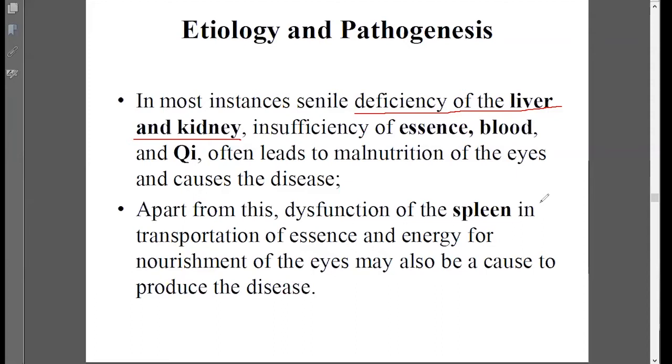And kidney essence supports the eyes to keep normal vision. When both liver and kidney are deficient, that certainly causes eye problems. Deficiency of blood and qi also means no nutrition for the eyes. So generally this illness is a deficiency problem.